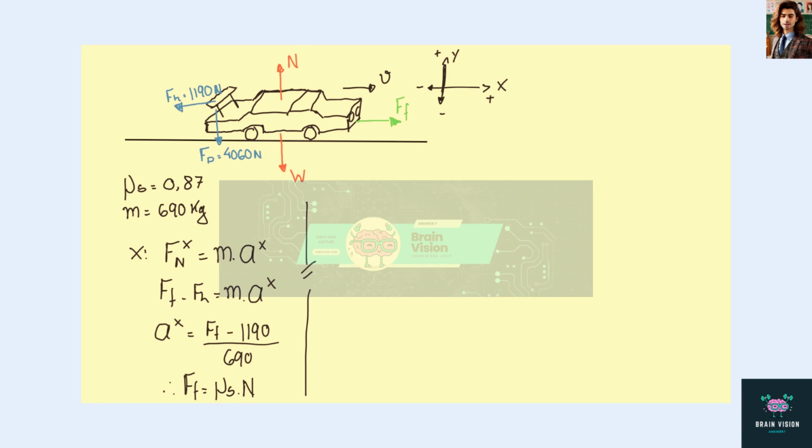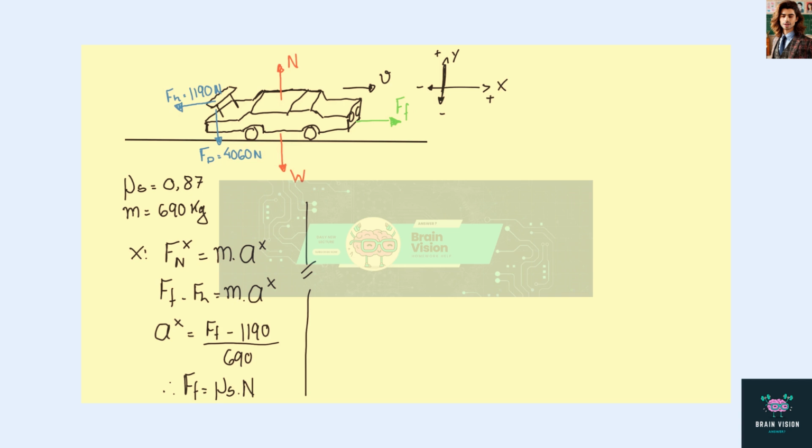Why is that? This is because this point of the tire that is touching the ground isn't moving with respect to the ground. If it were moving, then the car would be slipping through the ground, and this is not what's happening. Therefore, we have to use the static frictional force, because this point of the tire, the point that is in contact with the ground, is at rest with respect to the ground.